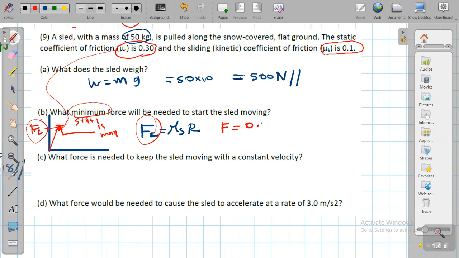Mu s is 0.3 and the weight I just found is 500. So 0.3 times 500 is 150 Newton.